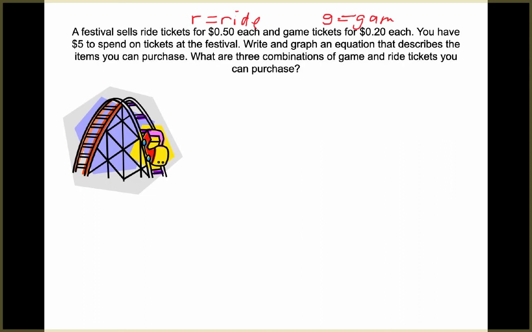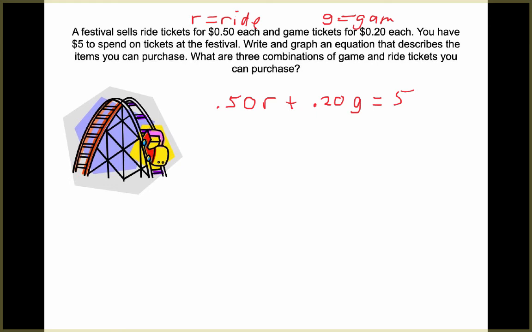So we look at what our pieces are. We have 50 cents, so 0.5, you can put the 0 in there if you want, times rides, plus our 20 cents times games equals our total money, $5.